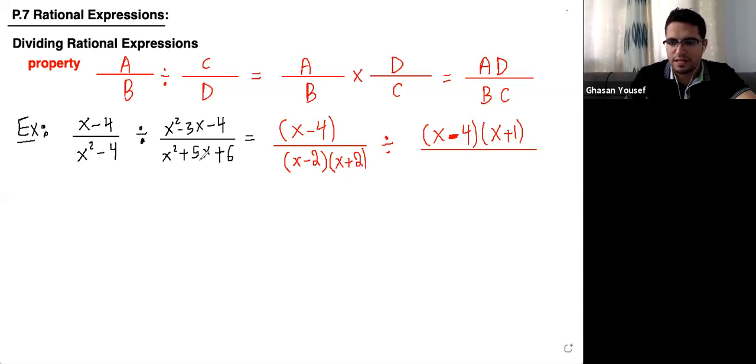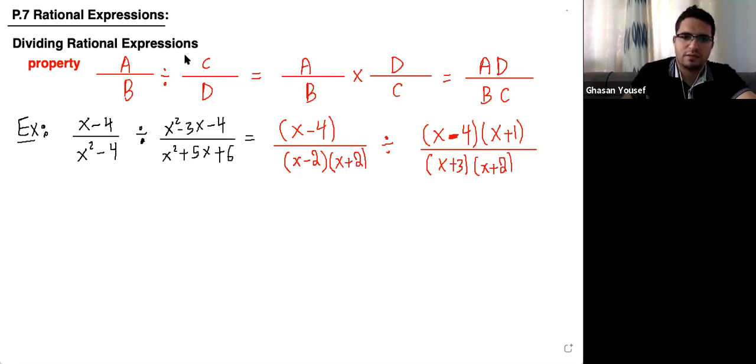Eric said x plus 3 and x plus 2. This is correct because 3 times 2 gives positive 6, and the sum of 3 and 2 gives 5, the middle term. So it will be x plus 3 times x plus 2.